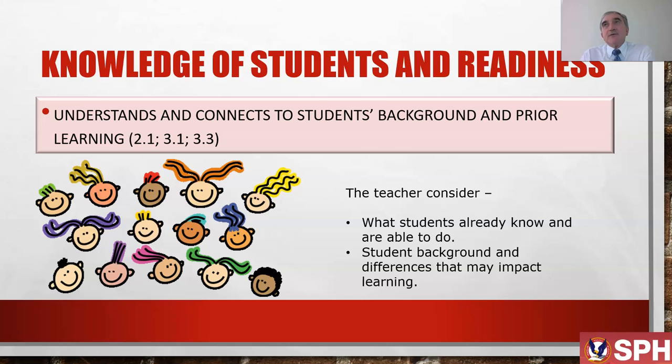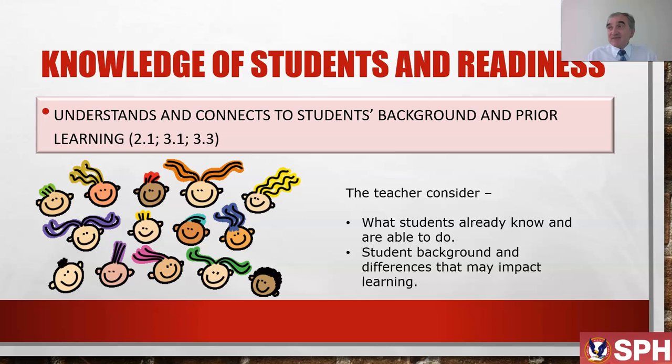Now, another area of planning is that the teacher demonstrates a knowledge of their students and their students' readiness to learn. You'll see the objective there in the instrument. It says understands and connects to students' backgrounds and prior learning. So what you should see here is that the teacher clearly knows what the students already know and are able to do and takes that into account.